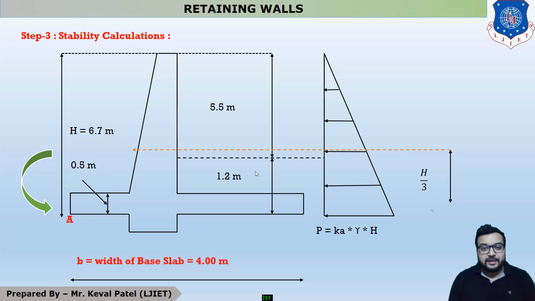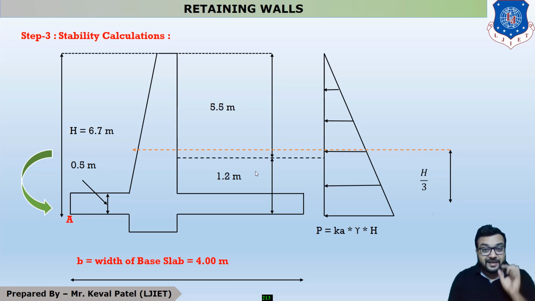Students, it is already discussed in our introductory section that there are 4 stability checks. The first stability check is stability against overturning. The second one is stability against sliding.